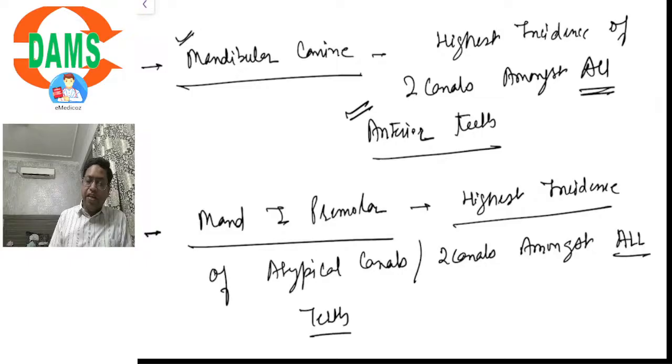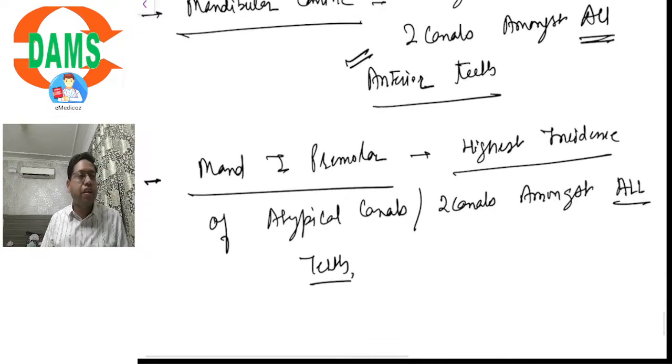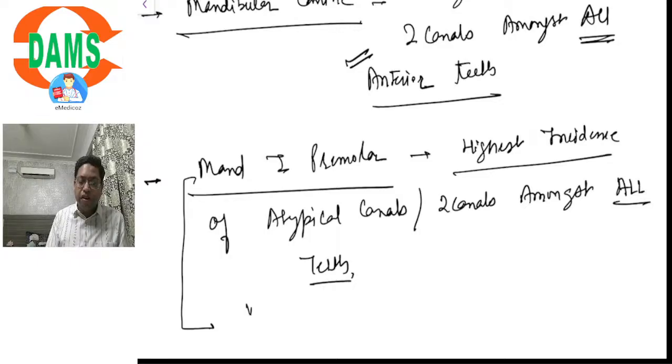Not only the anterior teeth, but anterior and posterior taken together. Amongst all teeth present in the oral cavity, which tooth has got the highest incidence of atypical? Atypical means apart from the usual anatomy. The number of roots, the number of canals can be highly variable in cases of mandibular first premolar. And because of such high variations, they are also called endodontists' enigma.